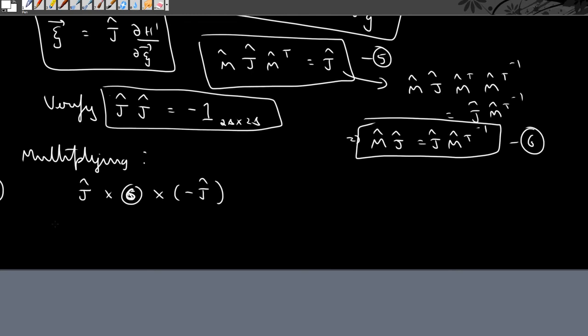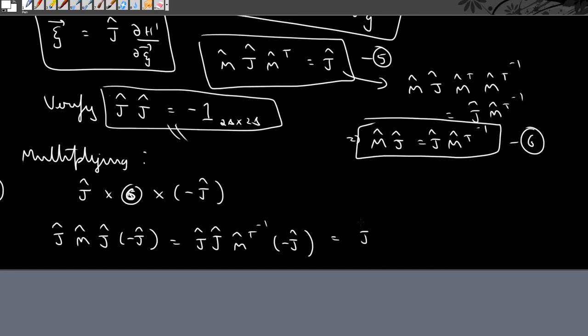I will get Ĵ M̂ Ĵ minus Ĵ is equal to Ĵ (M̂ transpose) inverse minus Ĵ. And making use of this fact, this is equal to Ĵ M̂ equal to (M̂ transpose) inverse Ĵ.